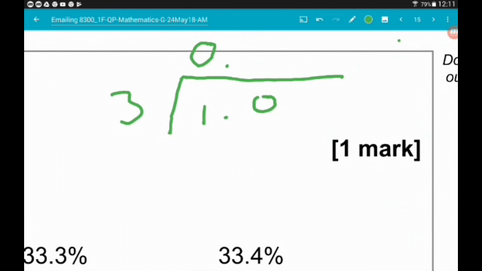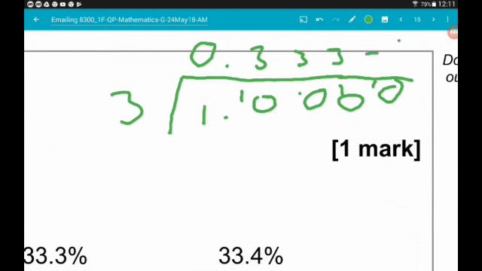Now we carry the 1 onto the 0, 3's into 10 go 3 times, remainder 1. So then we're 3 times again, remainder 1. 3 times again, remainder 1. So that keeps going forever and ever and ever. It's a recurring decimal.